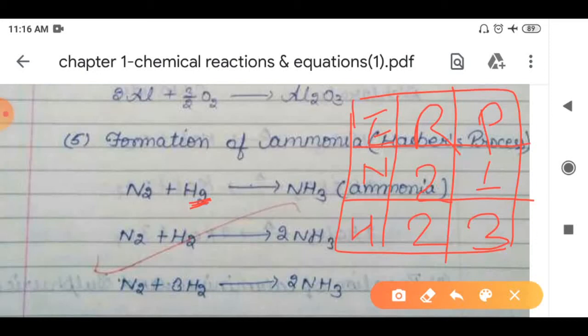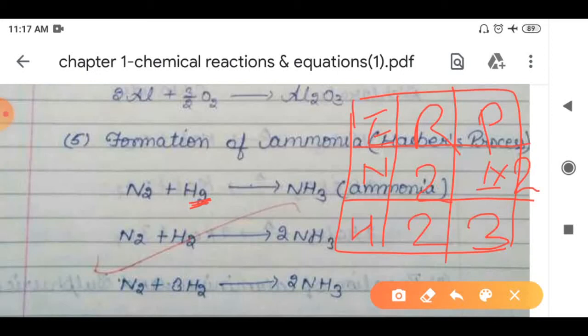So 2 nitrogen atoms are present in the reactant side and 1 in the product side. So what we have to do, we have to multiply the nitrogen atoms which are present in the product side by 2, right? Whenever we multiply it by 2, the total number of nitrogen atoms in the product side becomes equal to 2, and these are already 2 in the reactant side.